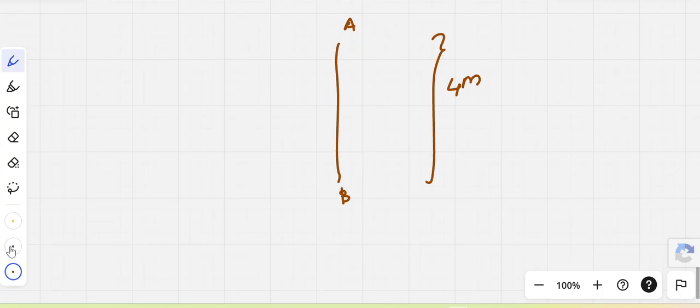Whatever it is, wrong or right, don't worry, just guide me. So this is the height of the pole, and from the top, at 1.3 distance, this guy has to stop here. So if this is 1.3, how much will this be? 4 minus 1.3, is it 2.7?